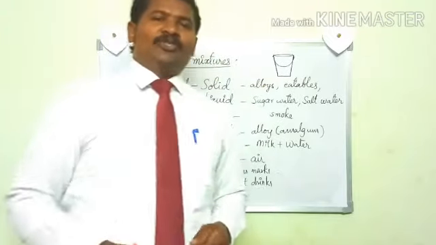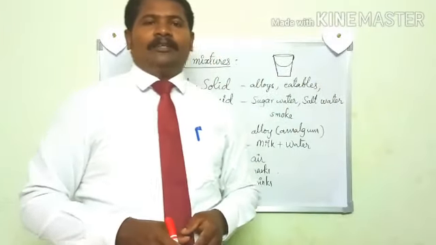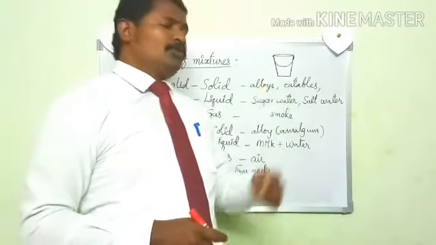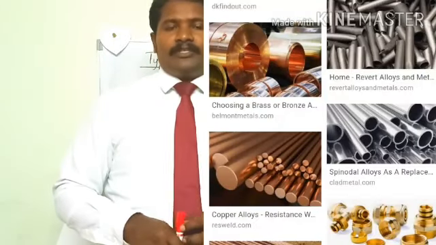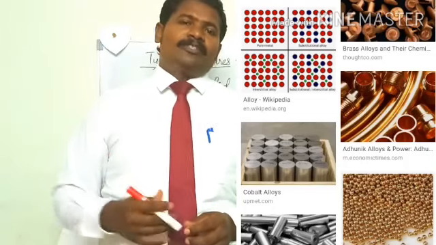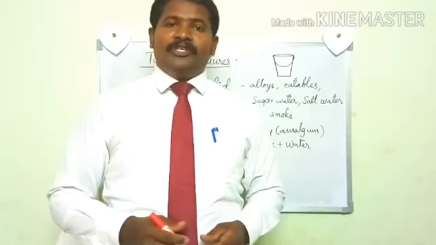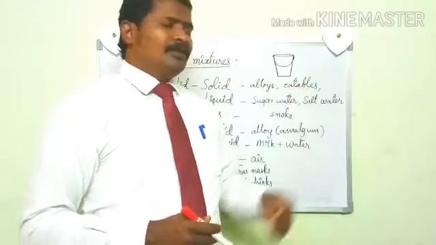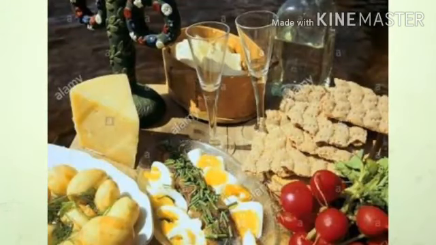Solid in solid means one solid is present in another solid. See here an example, alloys. Alloy means a mixture of metals. Steel, stainless steel, or steel bars that we use for construction of buildings or bridges. The next one, eatables. Some eatable mixtures are also available in shops.